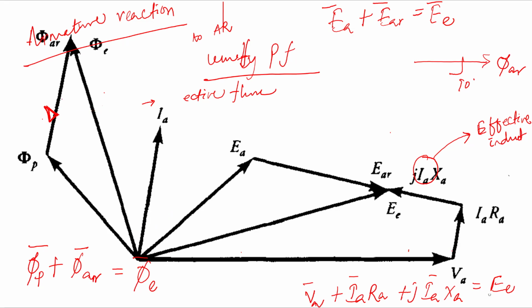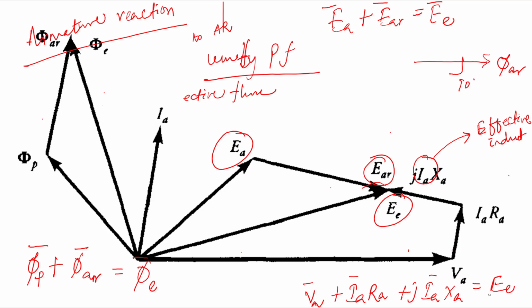This is your diagram for the leading power factor, where the current is leading the terminal voltage VA, and accordingly we can see here phi AR and phi P, phi AR, and the effective flux, then your EAR, right, and EA. So your effective induced EMF is here, which is lesser than the terminal voltage for the leading power factor. So I hope everybody is clear.